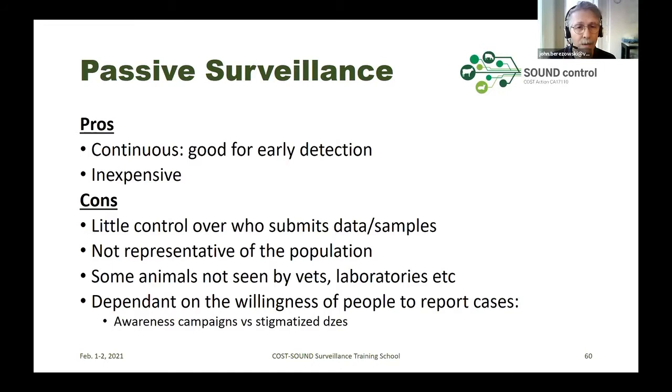It was a farmer who shipped an older cow who was down, and the cow ended up in our surveillance program for BSE, and it turned up positive. That farmer was stigmatized by his neighbors to the point where he sold his land and quit farming in that area and moved somewhere else to start farming again. So stigmatizing the cases, or stigmatizing reporting, is a strong detriment to people reporting cases.